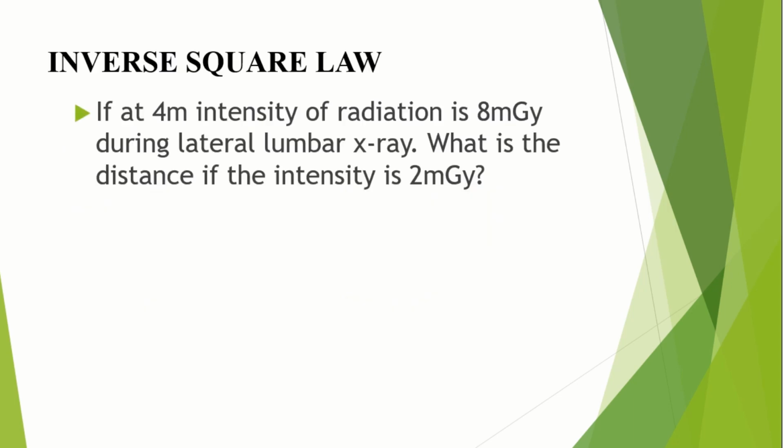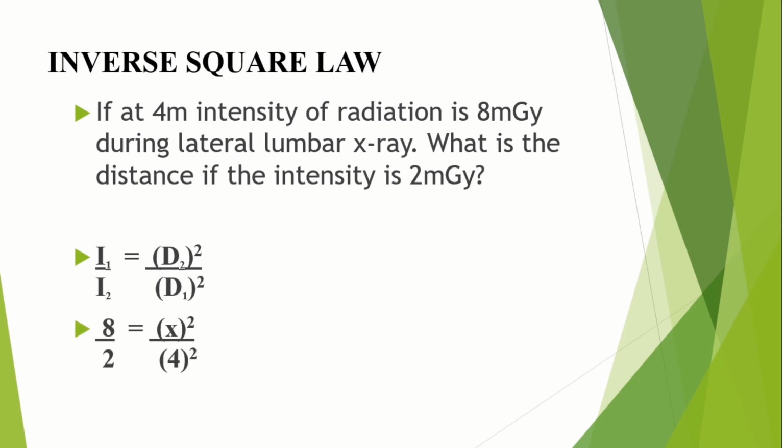So next example, if at 4 meters, intensity of radiation is 8 milligray during lateral lumbar X-ray, what is the distance if the intensity is 2 milligray? So using the formula, we have 8 divided by 2 is equals to x squared divided by 4 squared.